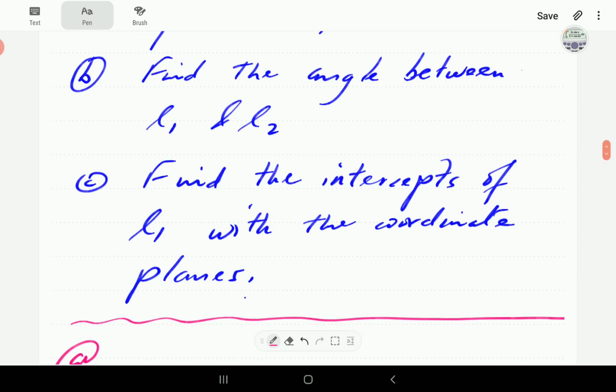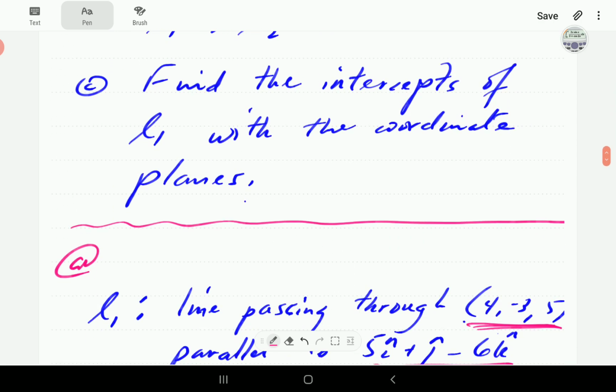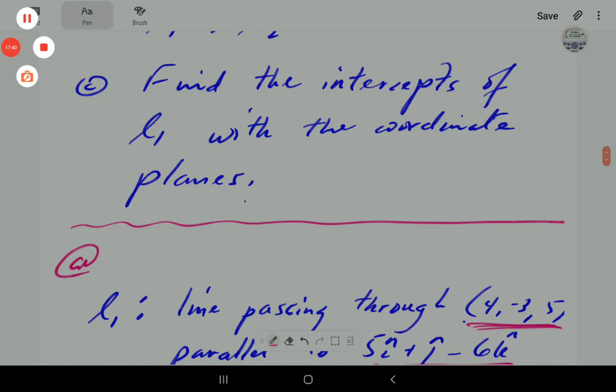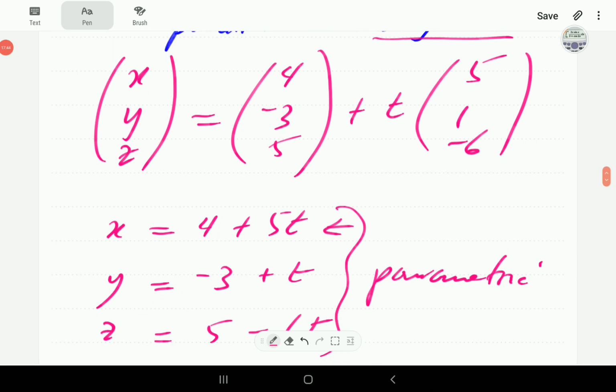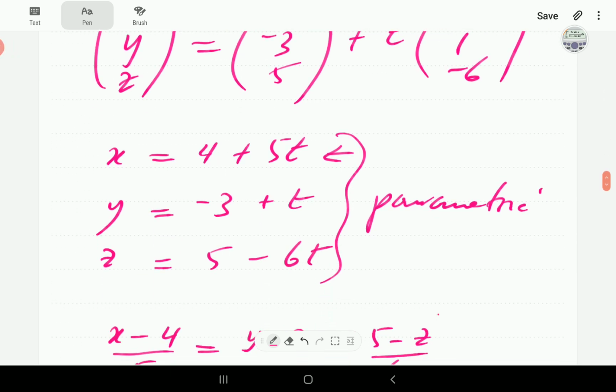Example number C, find the intercepts of L1 with the coordinate planes. We have got 3 forms of equation here.